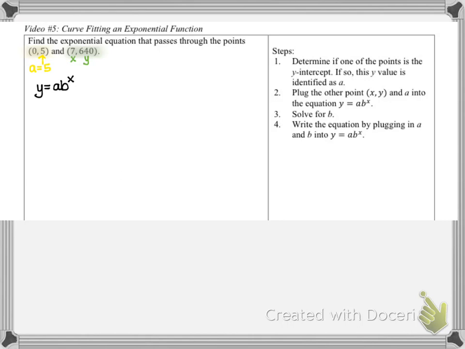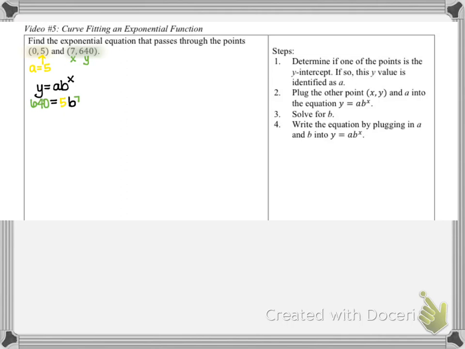My y is going to be 640. My x is going to be 7. Bring down my equal sign. Now the b, I don't know what the b is, so I'm going to leave that there. But I do know what a is, so I'm going to put that in front. That's 5. Okay, now I have an equation with everybody plugged in that I know.